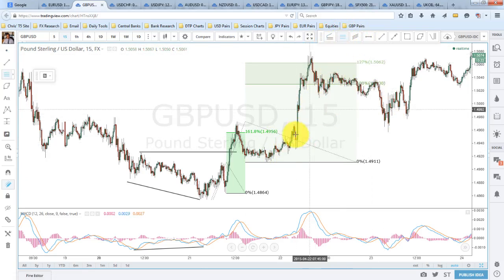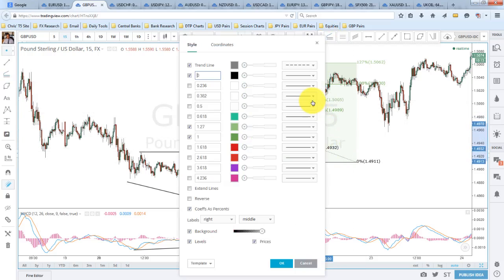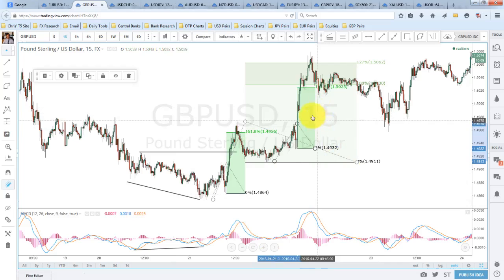Let's look at this low to this high, put our extension back on here. We extended through the 1618 with this cycle. So any pullback here, we were looking for price to continue to another high.